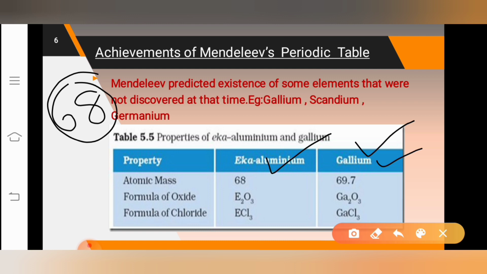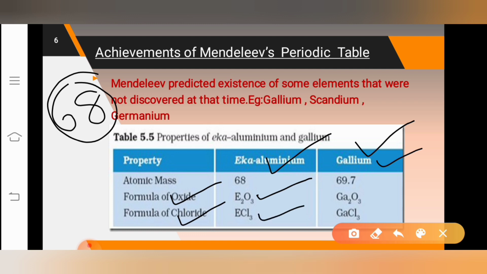And he also guessed the formula of oxides as well as chlorides for this element which he had guessed at that time. For Eka aluminium, he got the oxide formula E2O3, and the formula of chloride for Eka aluminium is ECl3.